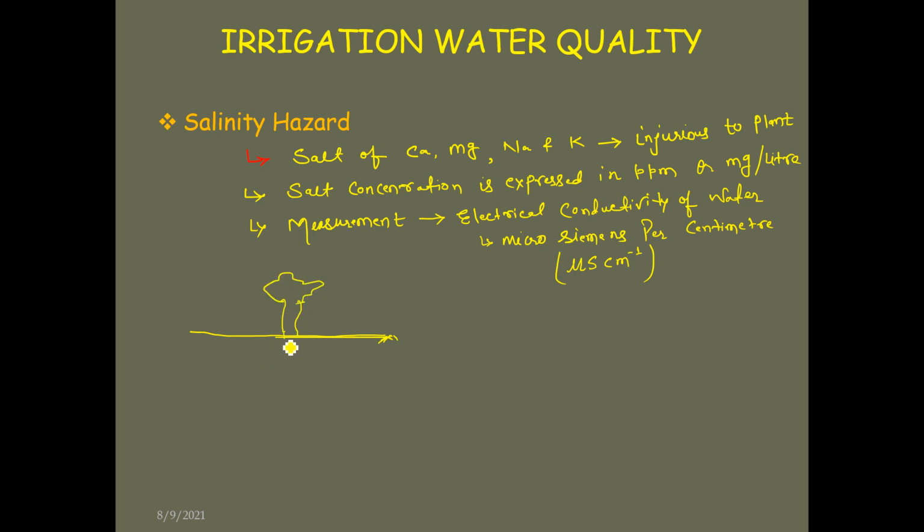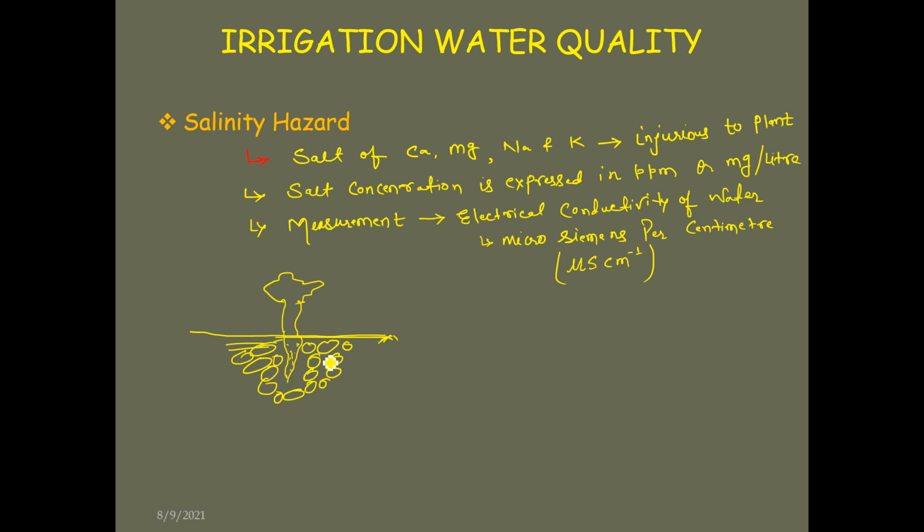Suppose this is your root, and this is the nearby soil, the soil nearby the roots. This plant takes water for its growth through roots, and these roots take water from the nearby soil.